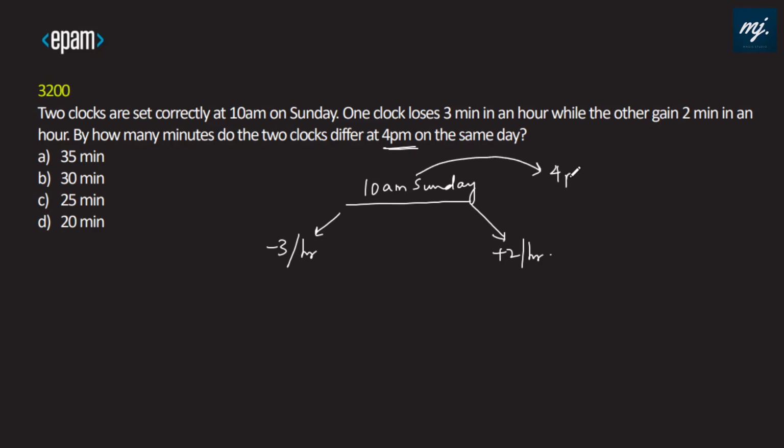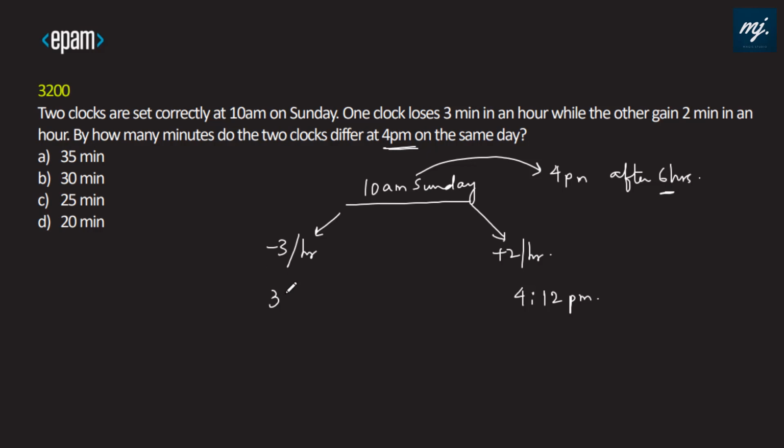4 PM means after 6 hours. After 6 hours, this will be 6 into 2, 12. This will show 4:12 because it's gaining 2 minutes every hour. And after 6 hours, the other is losing 3 minutes every hour. So 3 minutes into 6, it will lose 18 minutes.